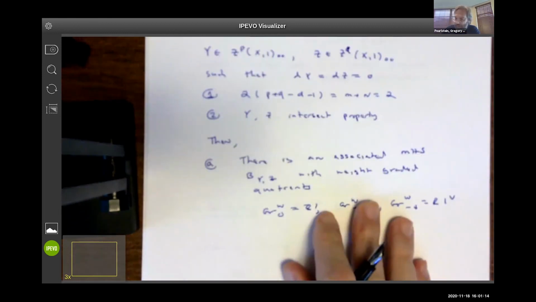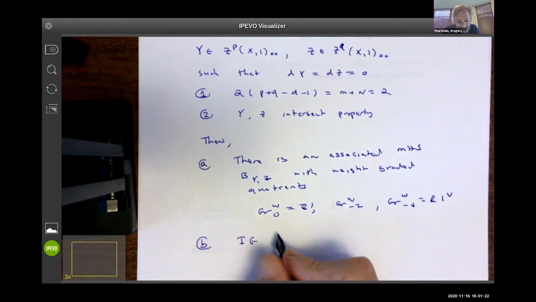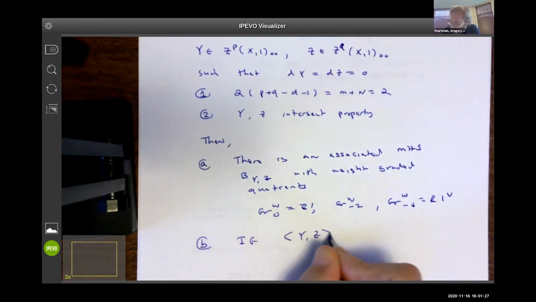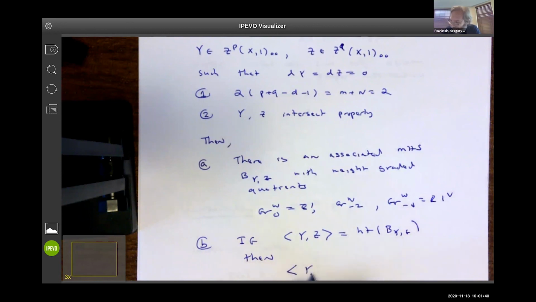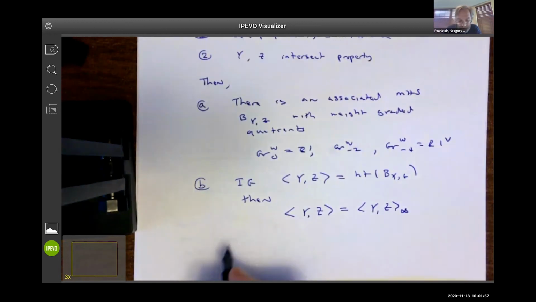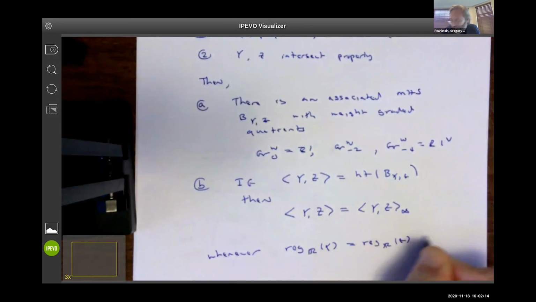And now we are at the end of the screen. And (b), if we define the height of (Y, Z) to be the height of B(Y, Z), then this height, which I'm defining in terms of this mixed Hodge structure B(Y, Z), is equal to this Archimedean piece that was defined by Sudhir and Jose whenever the real regulator of Y is equal to the real regulator of Z is equal to 0.